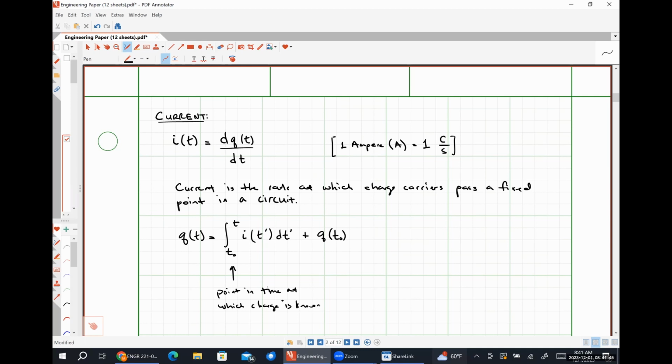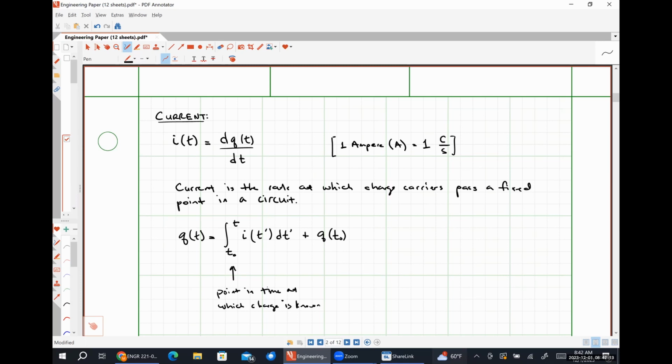This might be t is equal to 0, could be 3 seconds, could be -5 seconds, just depends on the system that we're looking at and when we knew what the charge was doing. Okay. I like to call this an initial condition on the system. T is just a later point in time when we're trying to figure out what's happening.